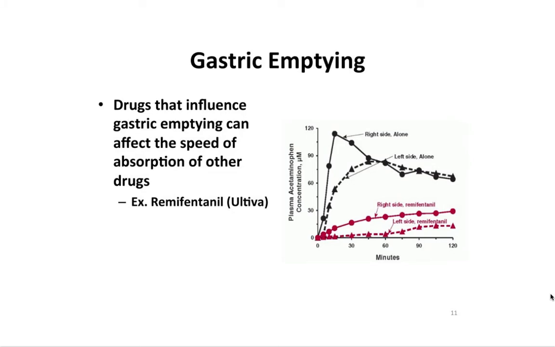When acetaminophen was given alone, that is what is shown on the black lines. When the person was lying on the right side, the peak concentration was attained faster. And if you look at the AUC, you see that greater bioavailability can be seen on the right side as opposed to left side.